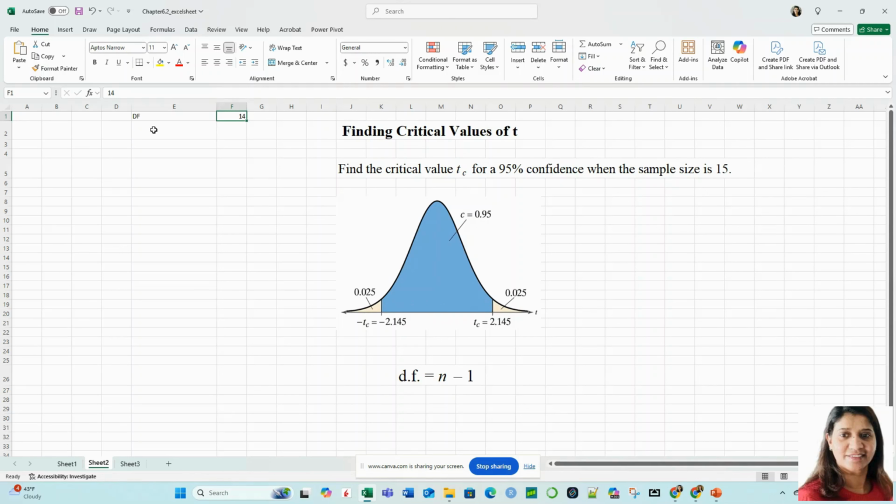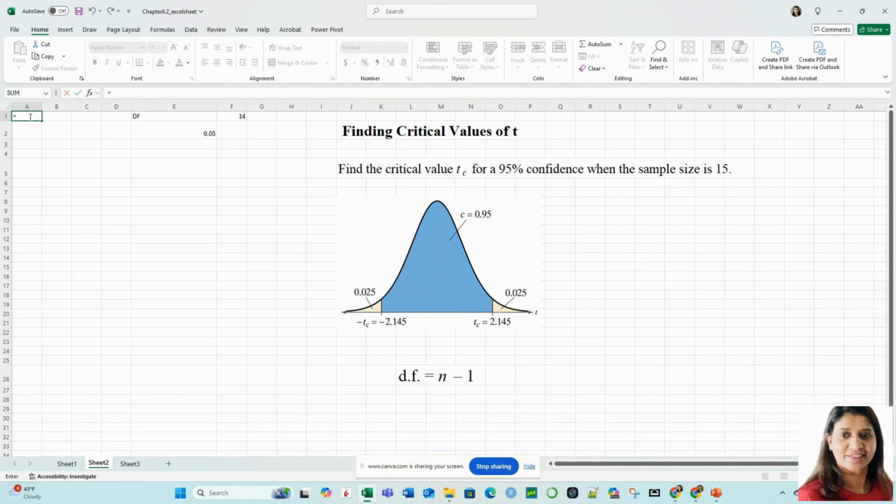Type the equal sign, 1 minus 0.95, so 0.05. That means the total of both regions is 0.05. Then we can use the built-in function in Excel.